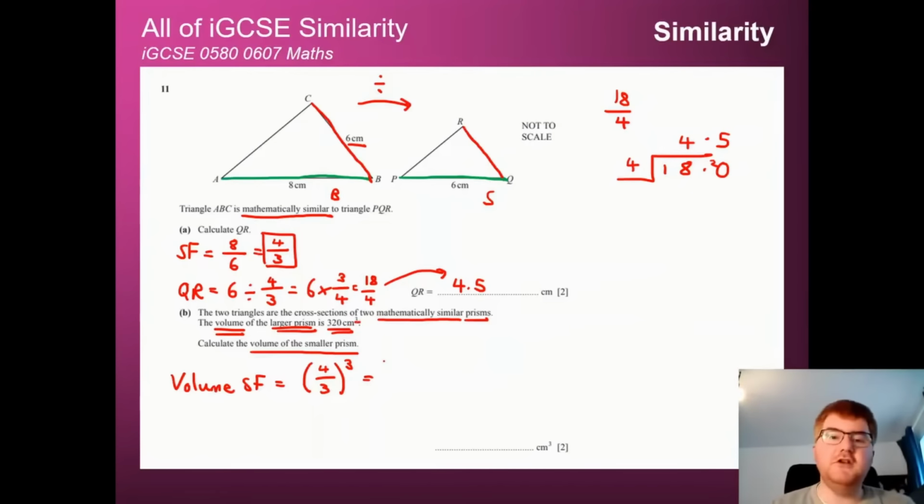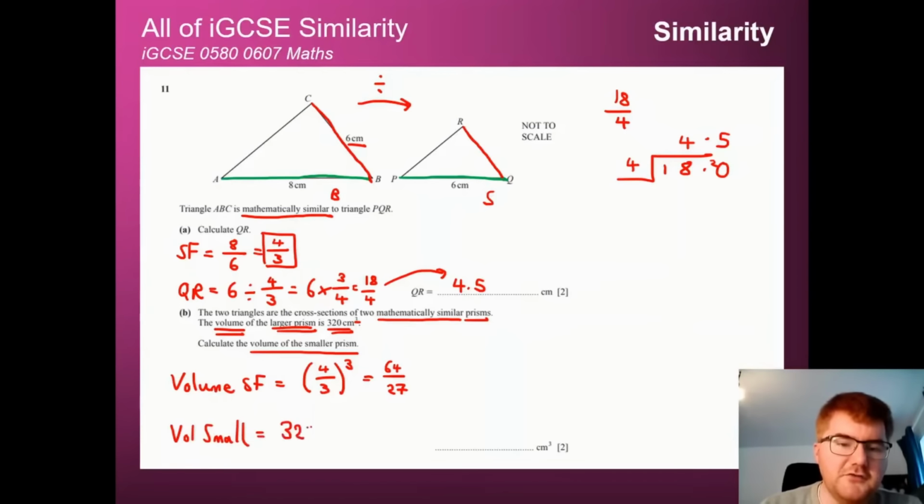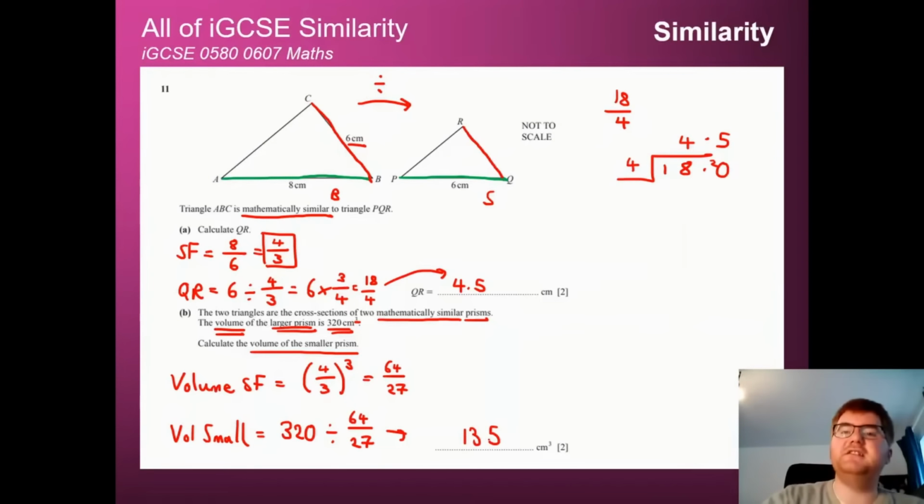We are looking for the smaller prism, so we're going from big to small. So we're going to divide by this new scale factor. So to work out the new volume of small, just to remind me what I'm doing here, I'm going to do 320 divided by 64 over 27 cubic centimeters for the 2 marks.